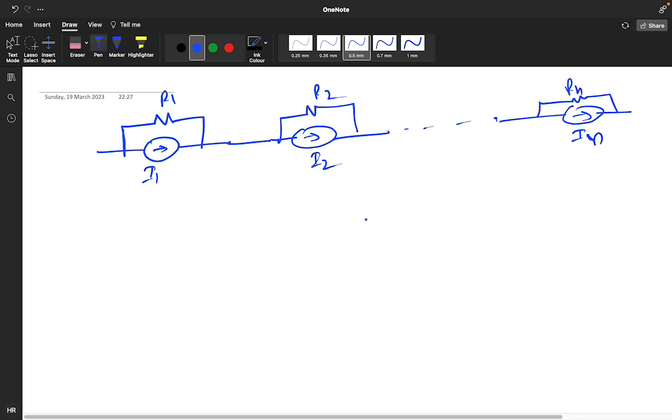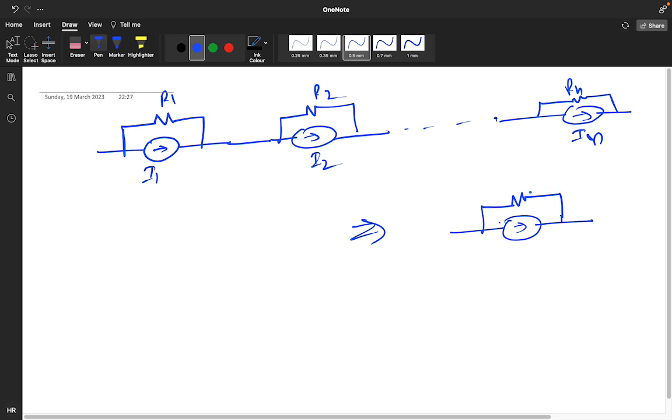Okay, we can make the same circuit like this as a Norton theorem, with one R and one I. So this is my circuit. We can make this circuit like this. How so? Use the source transformation. So if you use the source transformation, what will be the equivalent of this?